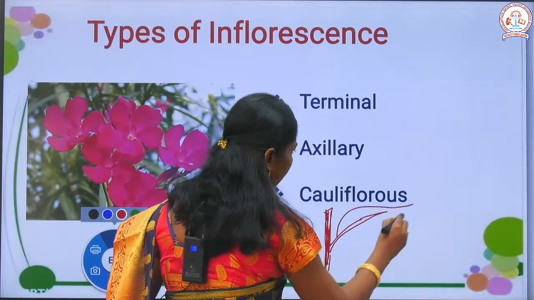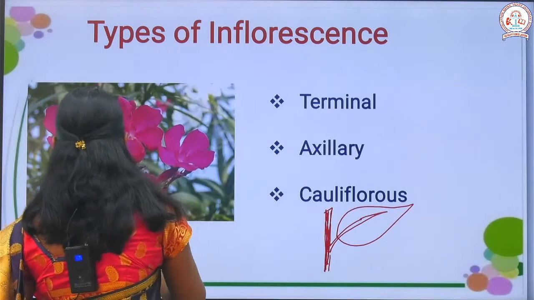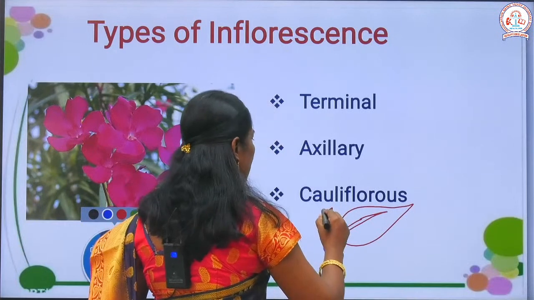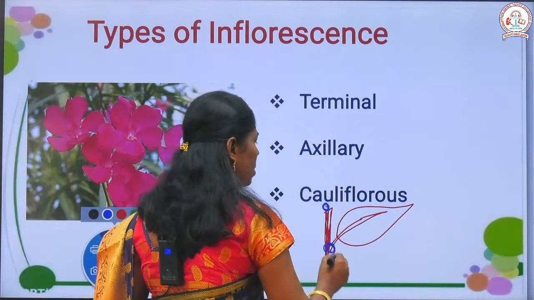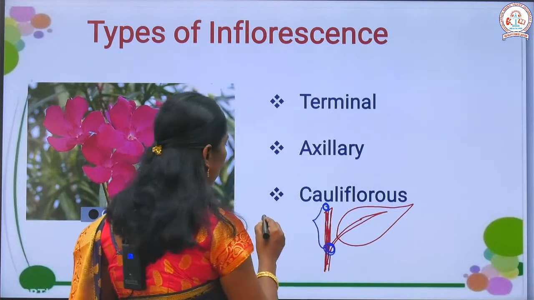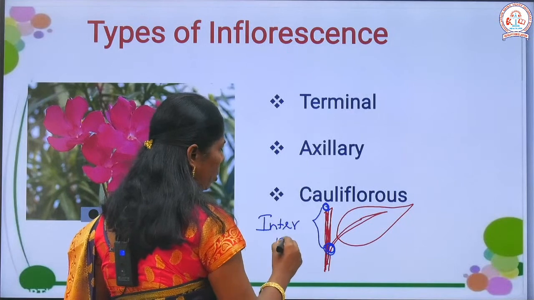So, this is your leaf, where the leaf arises. That region is called the node, and we can see one more node here. The region between the nodes is called the internode.